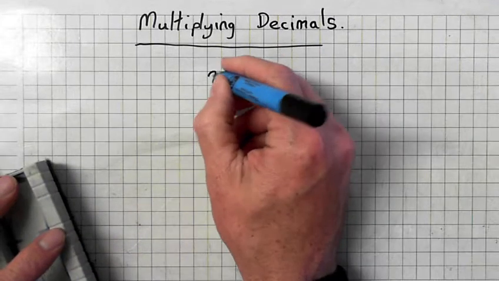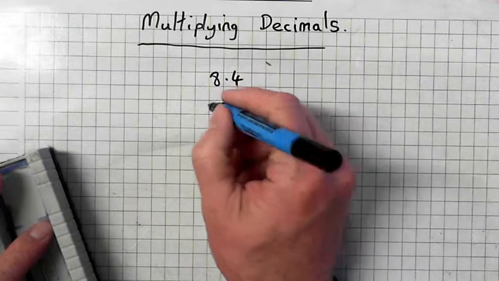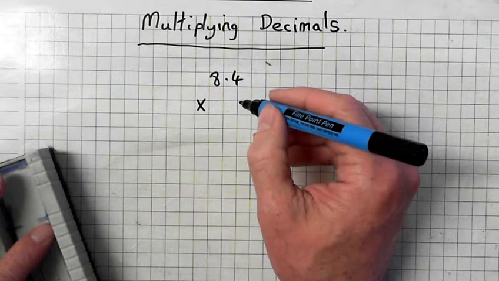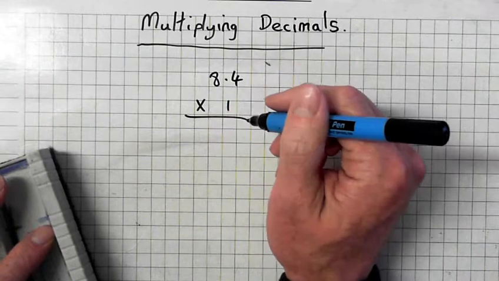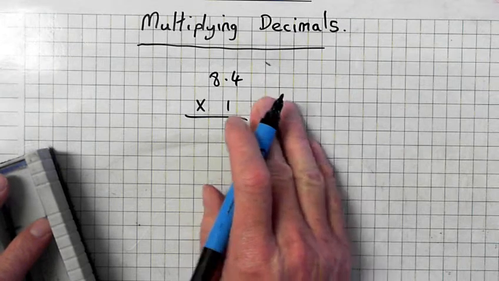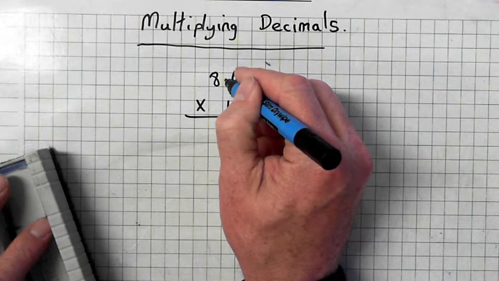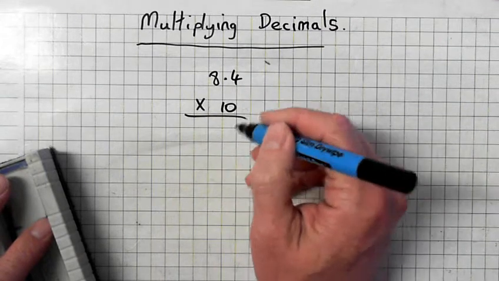Alright, here's something you've never seen before. What happens if I multiply by not 10? Obviously, if I multiply by 1, does the decimal point change? No, it stays where it is. If I multiply, what do you think the opposite is?